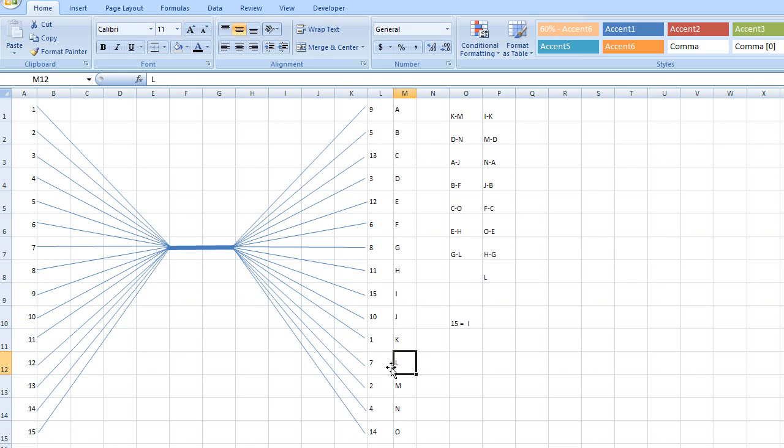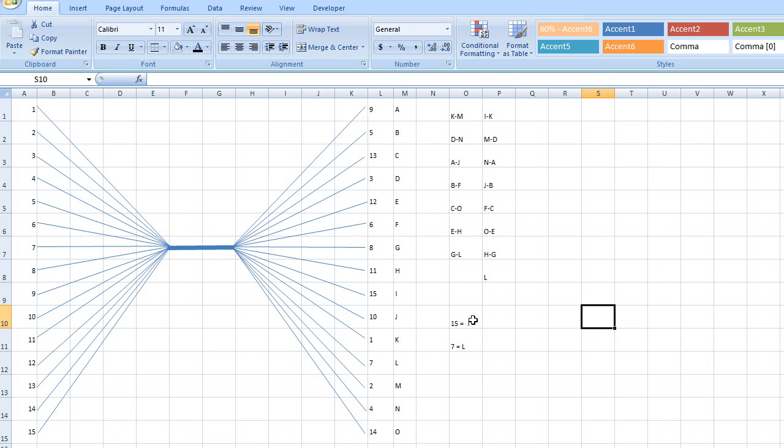Because we know that L doesn't have a pair, so the one without a pair is going to be 7. So 7 equals L. That's another thing we found out. Now, that's pretty hard to explain.